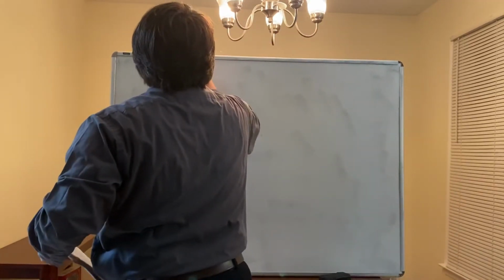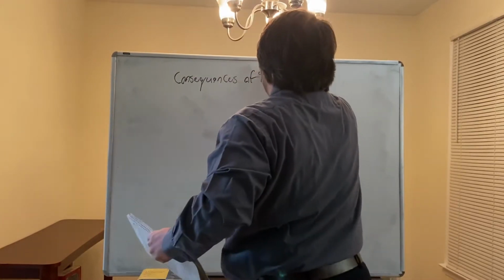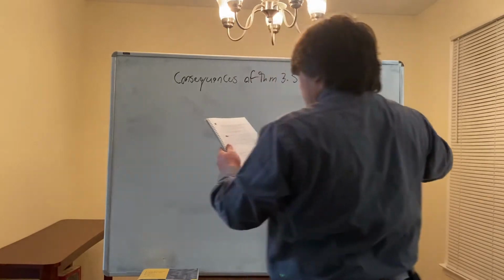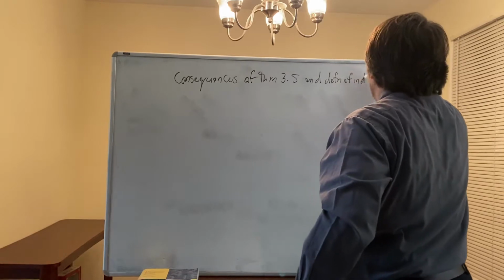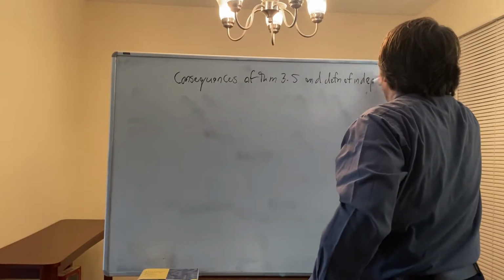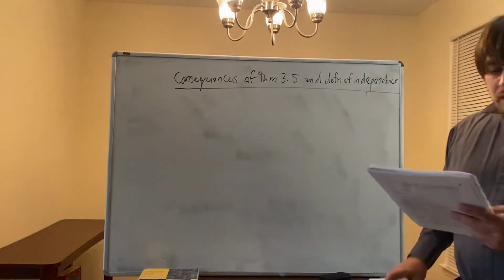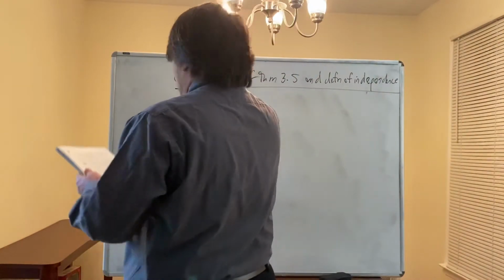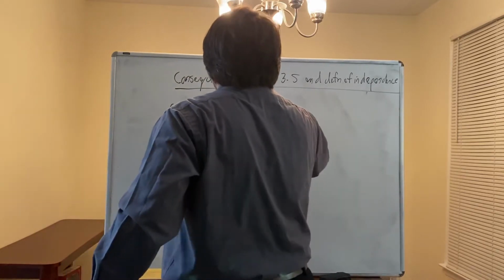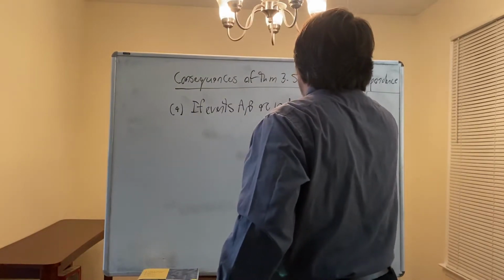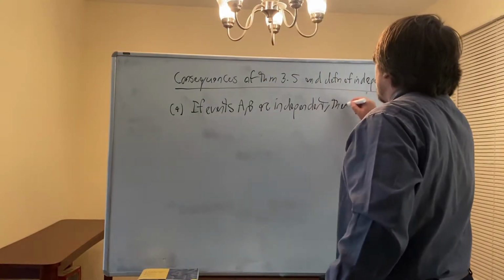Okay, so consequences of that theorem. Consequences of theorem 3.5, that last theorem, and the definition of independence. Consequence A is if events A and B are independent, then events A prime and B prime are independent.